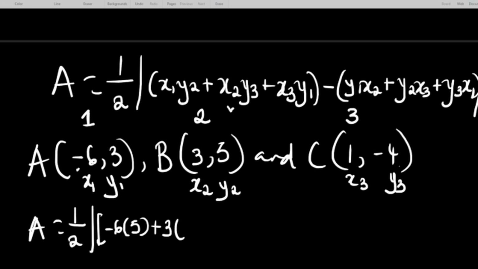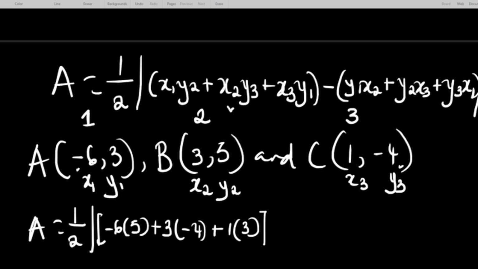Our y3 is negative 4. So you have 3 multiplied by negative 4. Again, you have plus, our x3 is 1, so you say 1 multiplied by our y1. We ought to be very careful when using this formula. Our y1 is 3, so this now gives us 1 multiplied by 3.